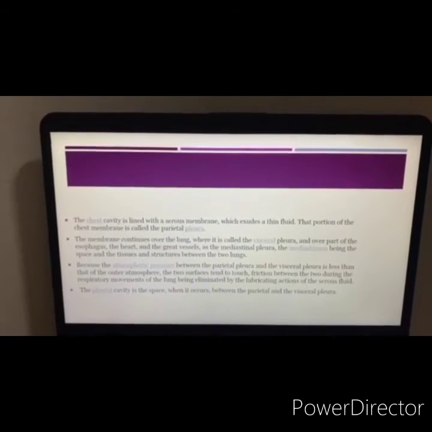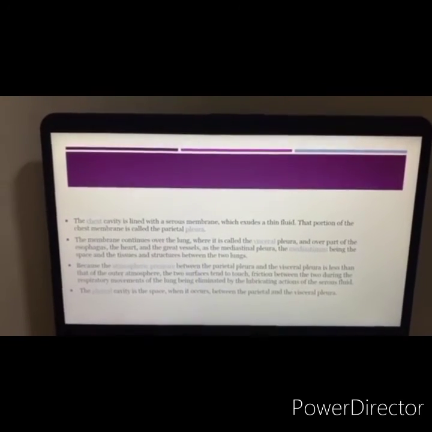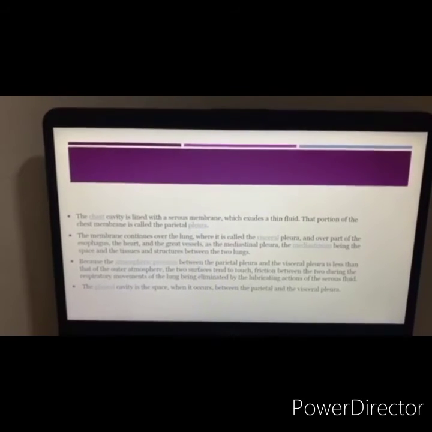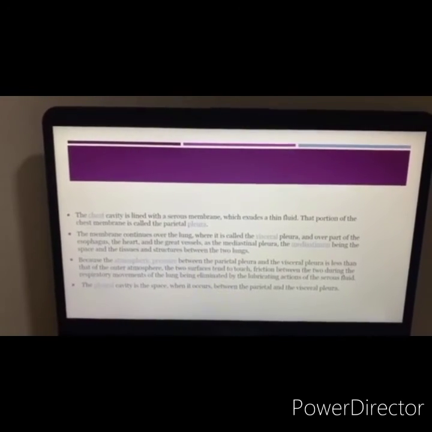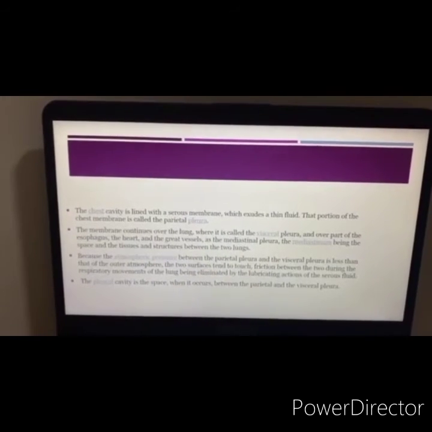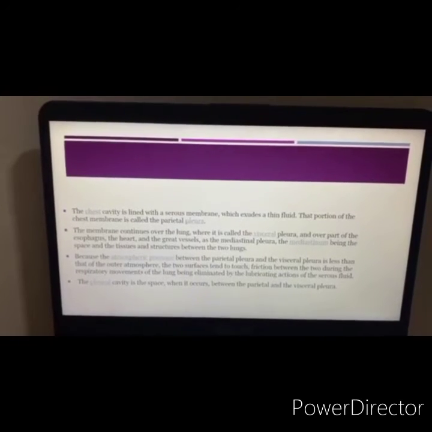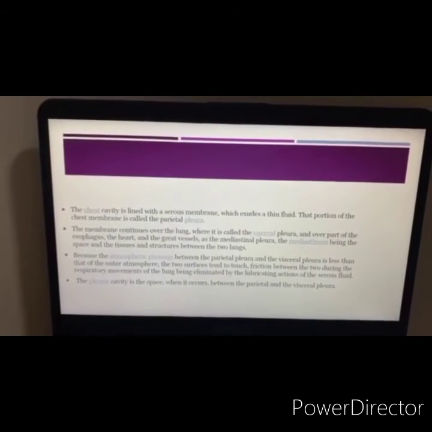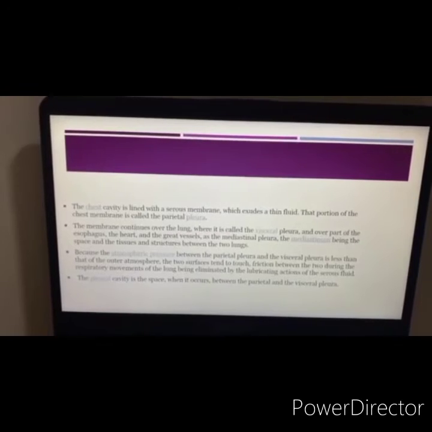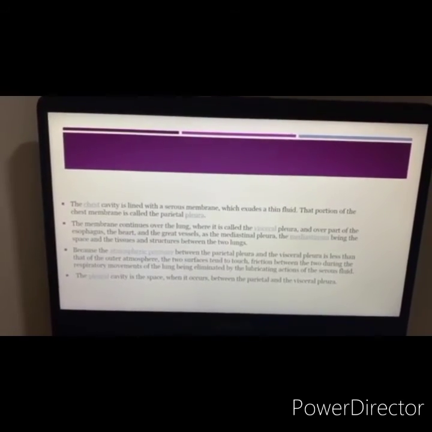Because the atmospheric pressure between the parietal pleura and visceral pleura is less than that of the outer atmosphere, the two surfaces tend to touch, friction between the two during the respiratory movements of the lung being eliminated by the lubricating action of the serous fluid. The pleural cavity is the space that occurs between the parietal and visceral pleura.